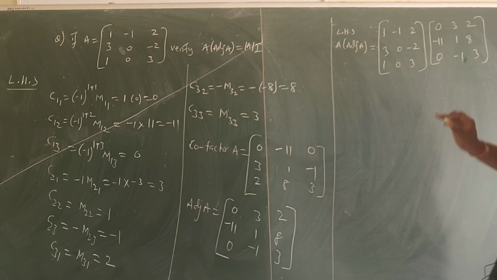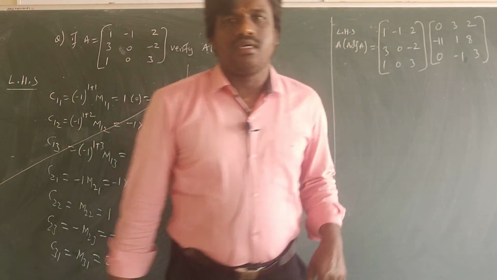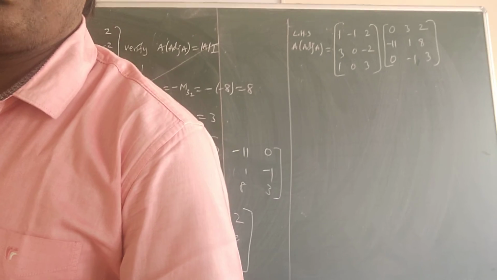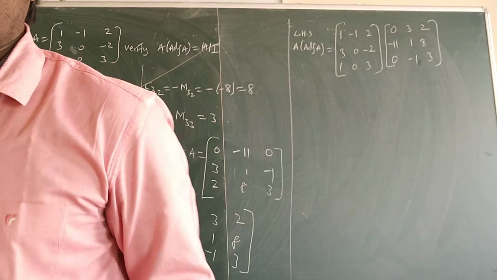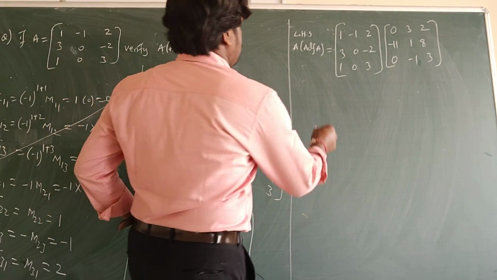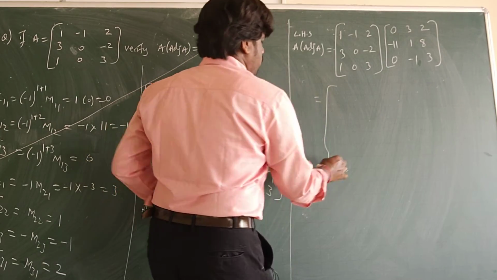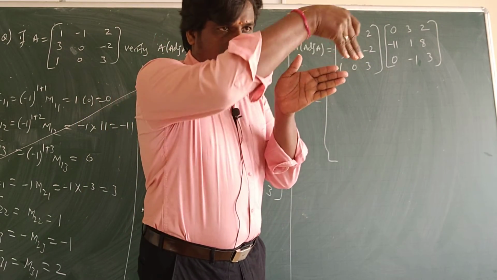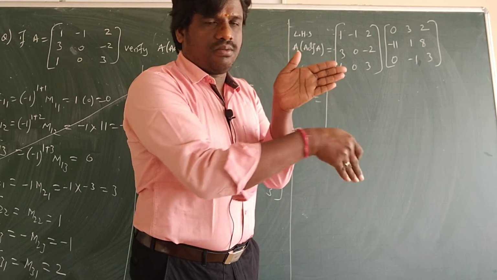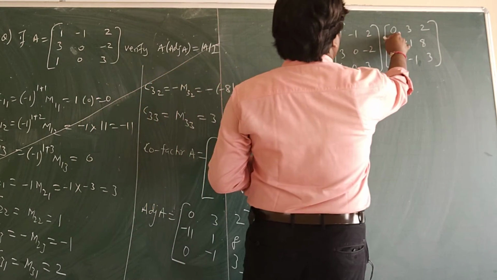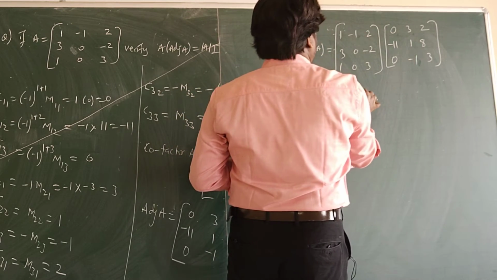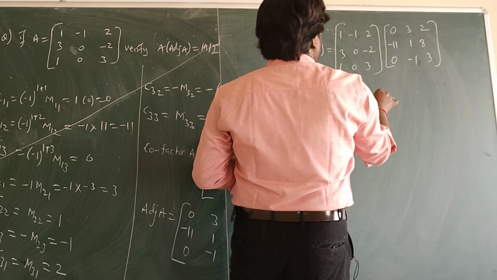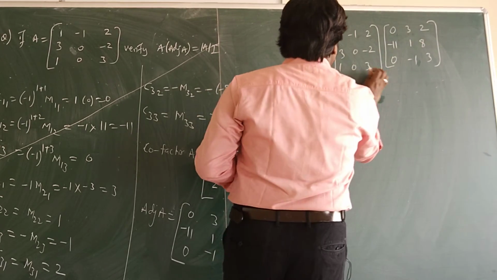Now I will explain how to multiply these two matrices. Multiplication is important, so see how to multiply. Now the multiplication is what we do here, row with column. So row with column: 1 into 0, 0, plus minus 1 into 3, minus 3, plus 2 into 2, sorry, I did wrong.